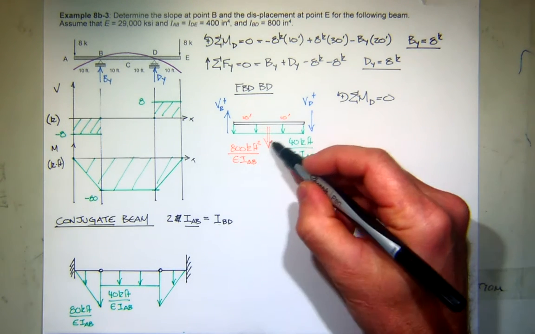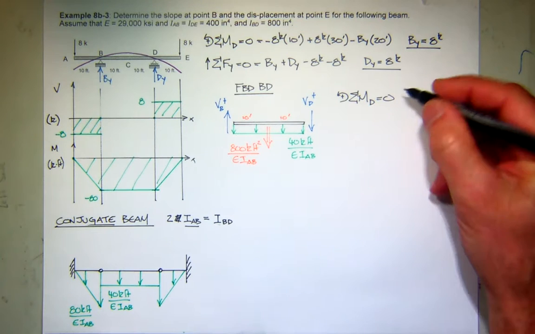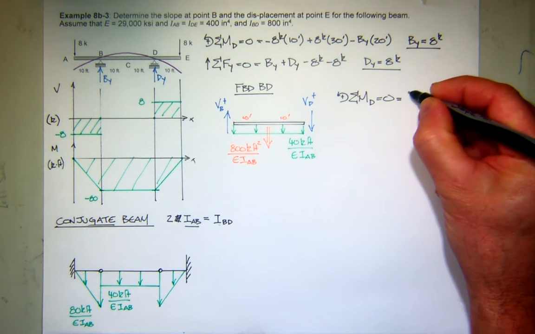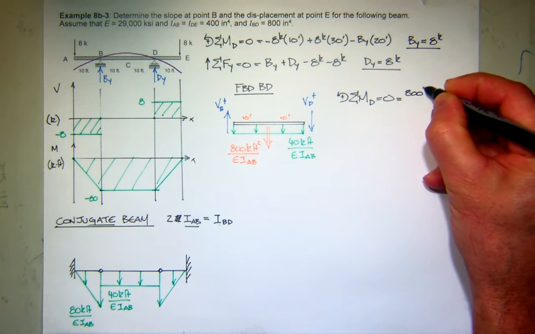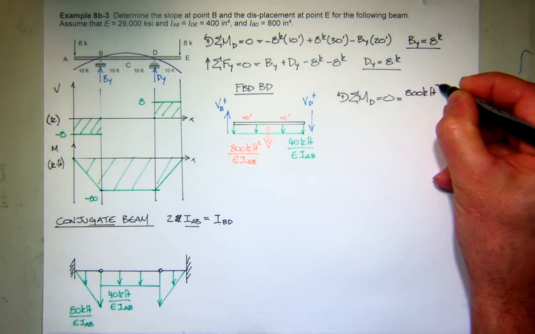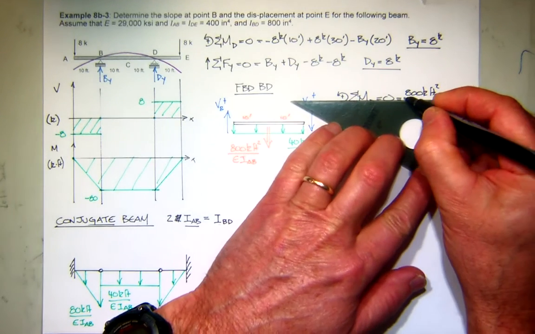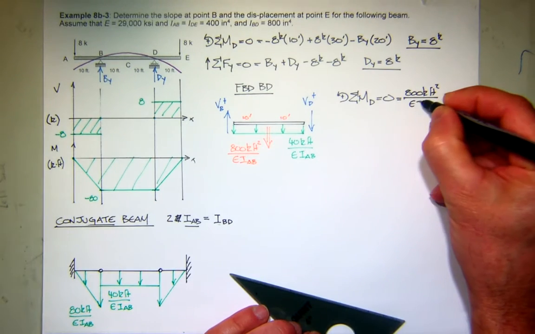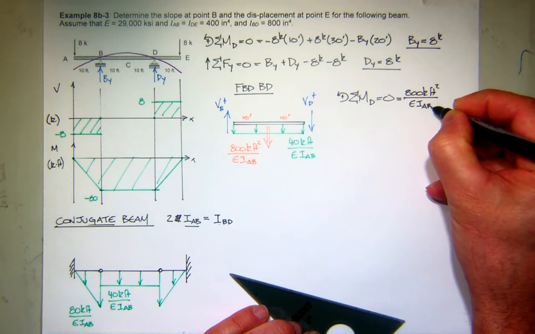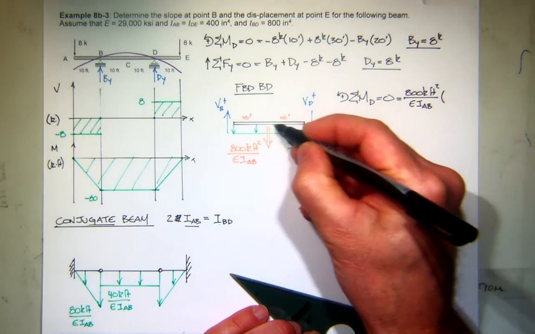About D, this force creates positive moment, and that's 800 kip-feet squared divided by EI_AB, that's the force, and the moment arm is 10 feet.